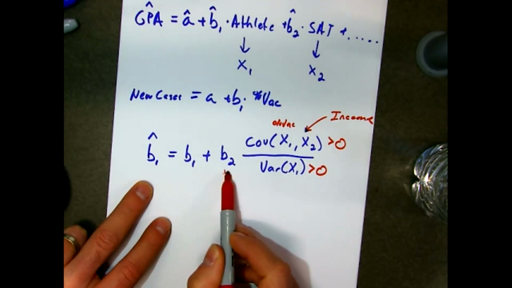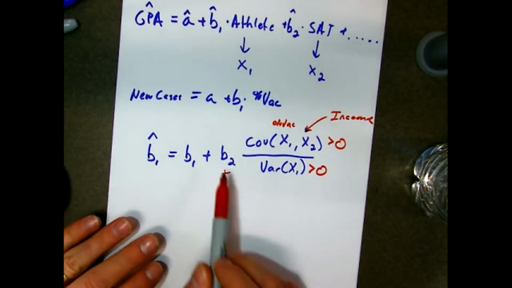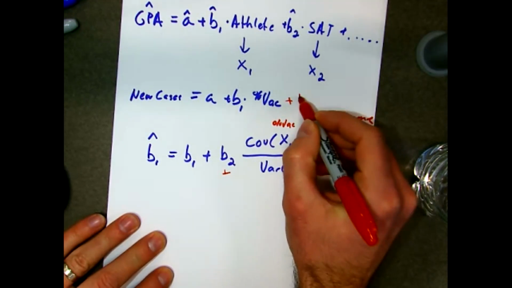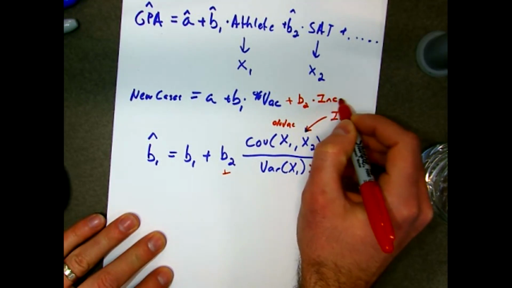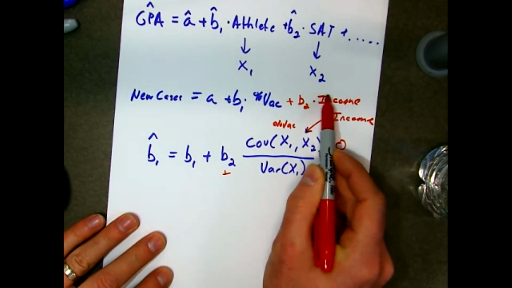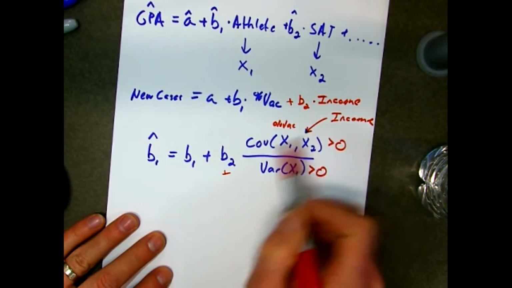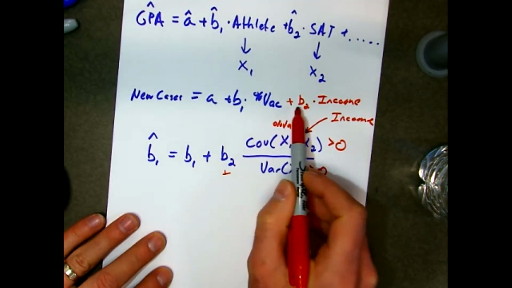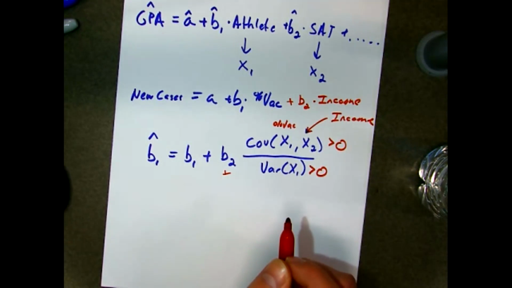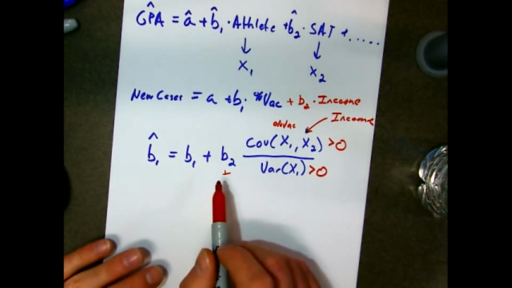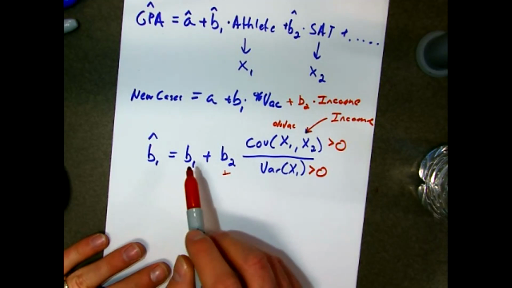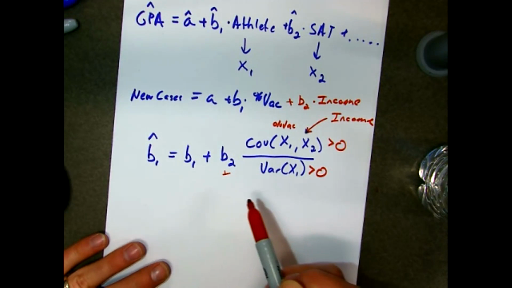This is what the coefficient would be if I were able to include income in my regression. So this is the relationship between income, the variable I left out, and my Y variable, new cases. What do you think is maybe true about counties with higher income? Do you think they're more or less likely to have a higher number of cases?